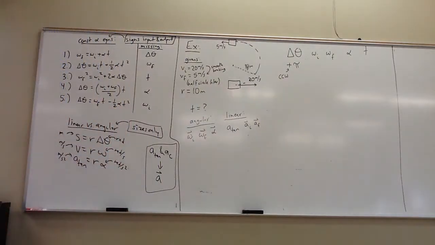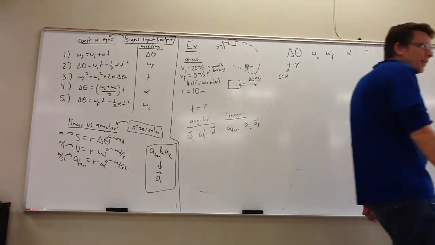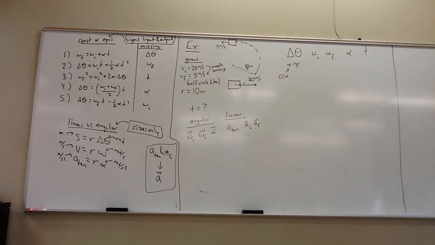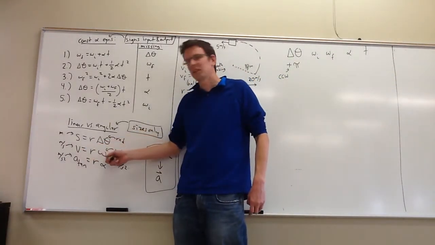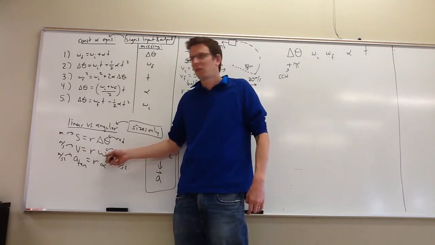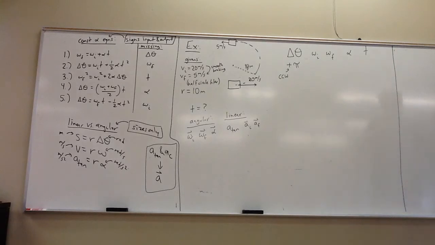Of course I need a minimum of 3, but I basically have that because while I'm not given omega initial and omega final, if I'm given their linear counterparts, finding those is as easy as going from linear to angular, right? So if I have the rotational version, I can easily get the linear version. If I have the linear version, I can easily get the rotational version, right?